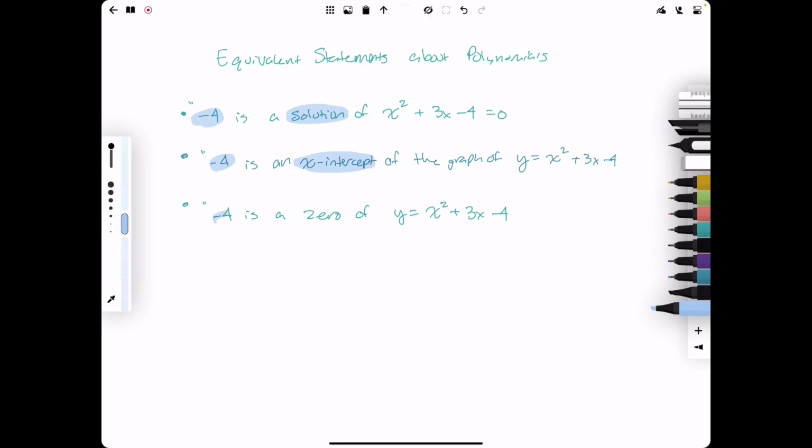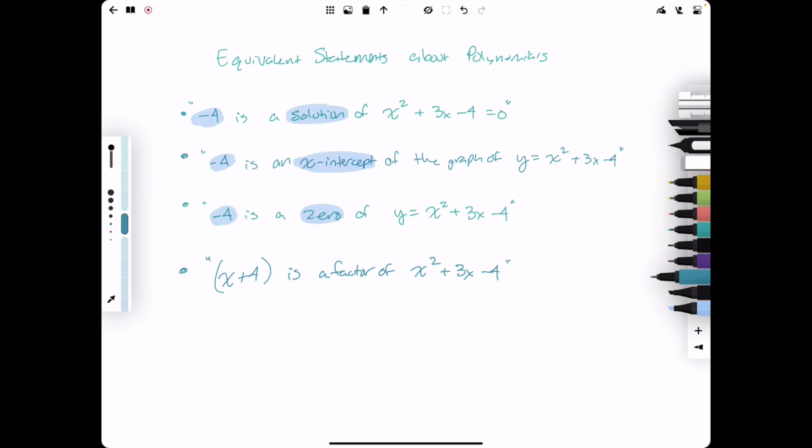Where you can highlight negative 4 is a 0 of that equation. Means the same thing. In the last one, "x plus 4 is a factor of x squared plus 3x minus 4." Your book doesn't have parentheses, but I'm going to put parentheses there.